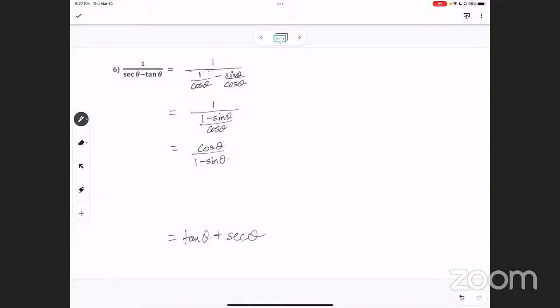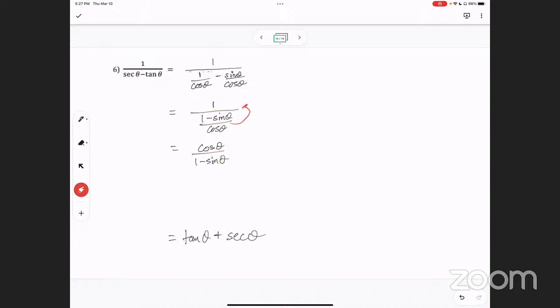Wouldn't that be times 1 over sine theta times cosine of theta? No, that is what I did. See how this is flipped? See how this is on the top now and this is on the bottom now? Oh, okay.